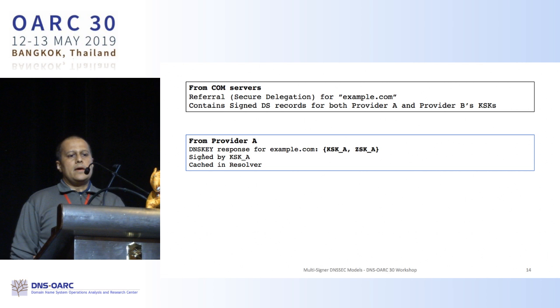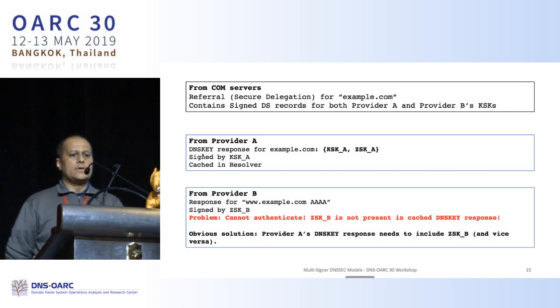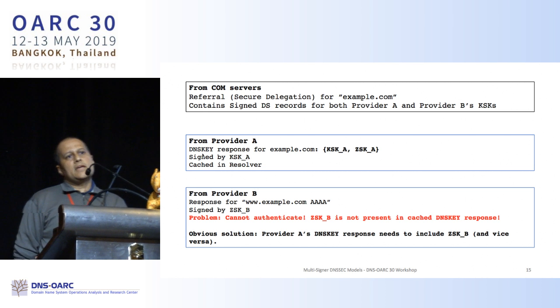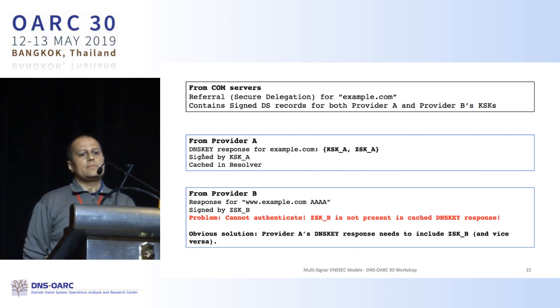The next step is that the resolver has to go and fetch the DNSKEY RR set for the zone. Let's say it chooses to talk to provider A. It gets the response, which includes A's KSK and ZSK, and we cache that after matching it to the DS record hashes, right? At some later point in time, the resolver queries another record in that zone, let's say www.example.com, but this time it talks to one of provider B's name servers. It gets the response, but now we have a problem.